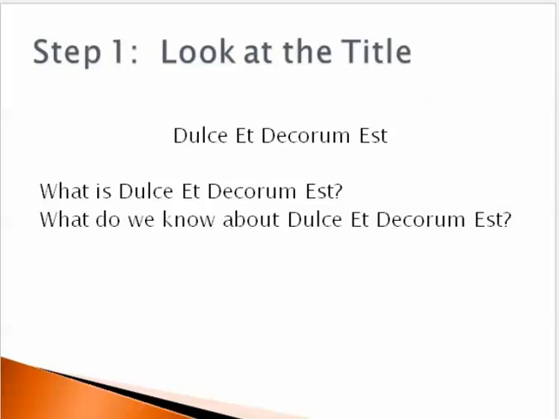If this was the first time you were looking at the poem, you'd say the title is going to be of some significance, and it's a different language. Okay, so that's all we know at this point.